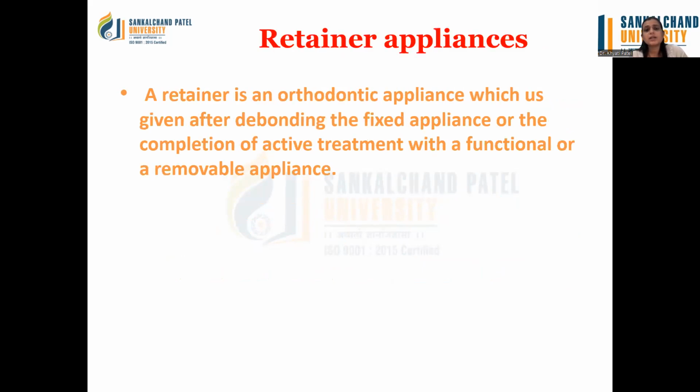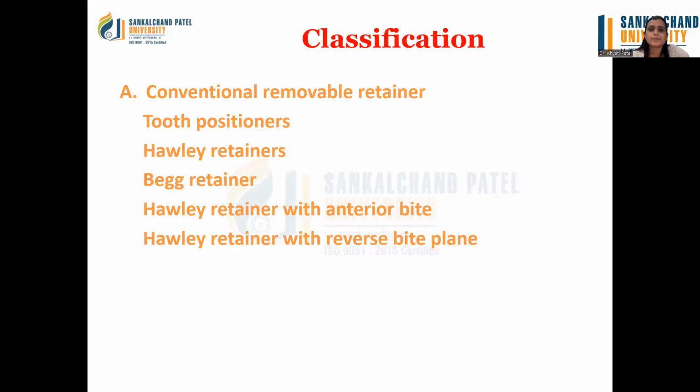Now, there are different retainer appliances. A retainer is an orthodontic appliance which is given after debonding of the fixed appliances, or on completion of the active treatment with functional or removable appliances. So they are the appliances which we give to the patient after finishing the orthodontic treatment.